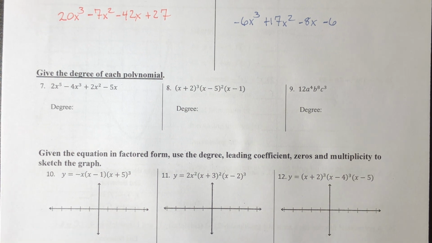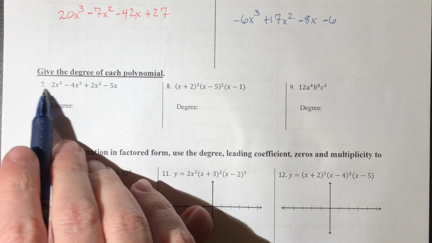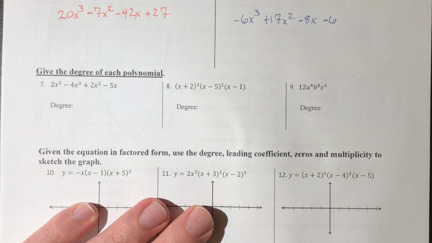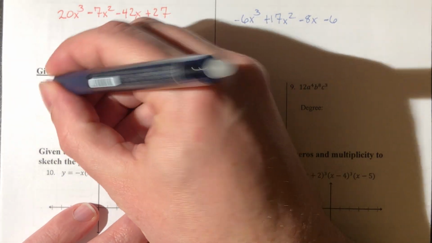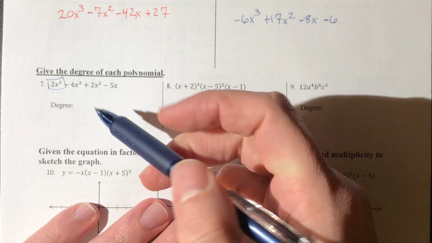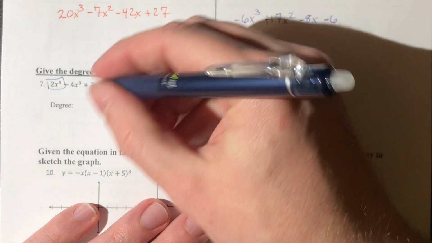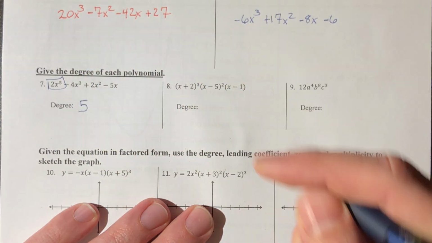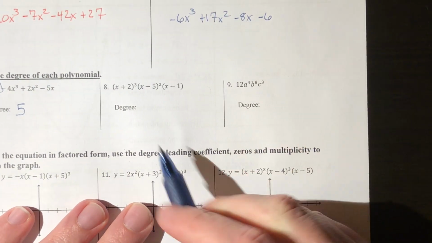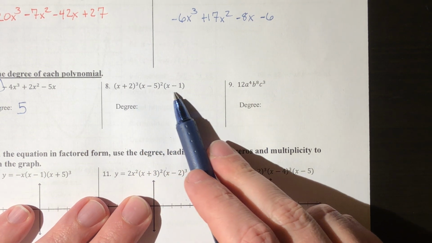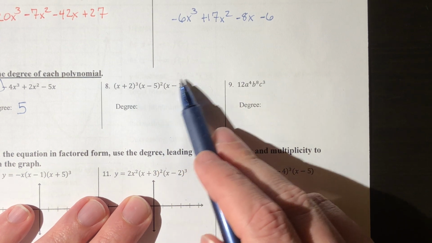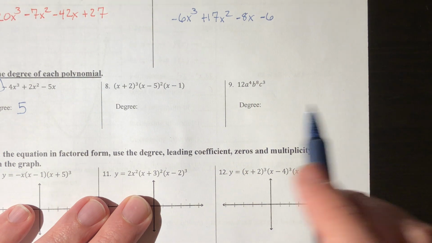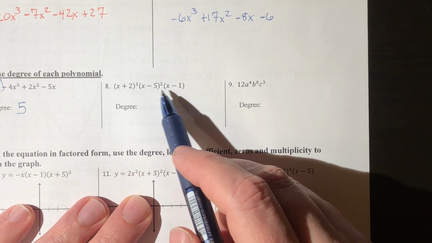When you are determining the degree of a polynomial, if it is in standard form, where you have each of your terms laid out, you look for any one term that has the highest degree. So there, my highest exponent is 5, so my degree is 5. When you have it in factored form, where you have the factor with an exponent, another factor with an exponent, another factor with an exponent, on and on, that is when you add your exponents together.